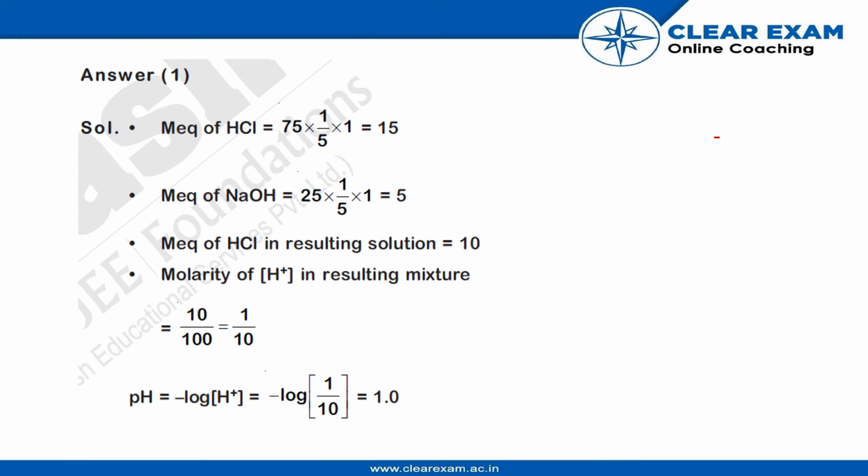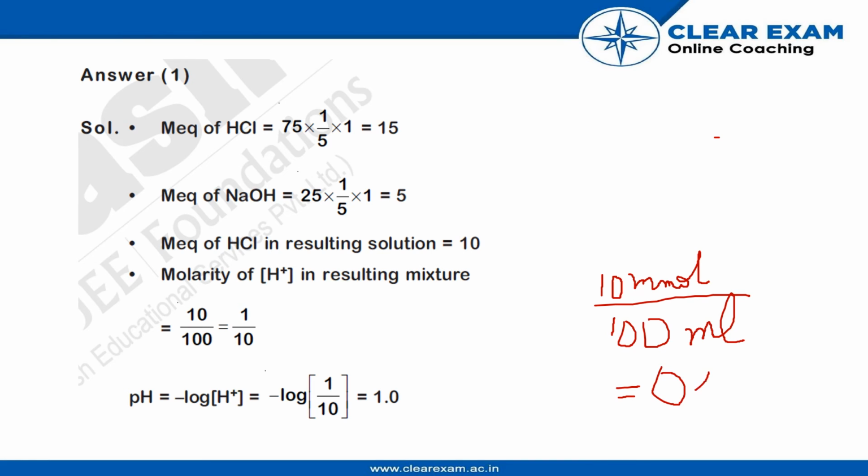Then the H plus concentration, or we can say the HCl concentration, is 10 mmoles divided by the total volume 100 ml, which will give 0.1 molar.